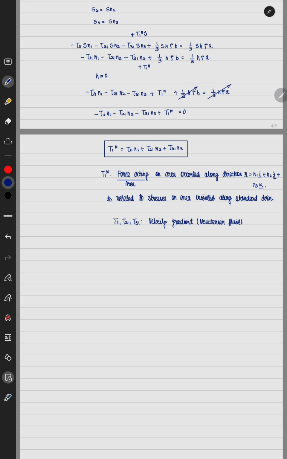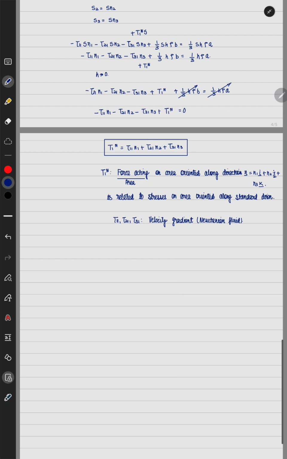Obtaining T1n in terms of tau 11, tau 21 and tau 31 is very necessary, because we do have information about tau 11, tau 21 and tau 31. We do not have information about T1n. So I have represented T1n in terms of tau 11, tau 21 and tau 31. The description of n1, n2 and n3 comes from the area which is oriented along some random direction.